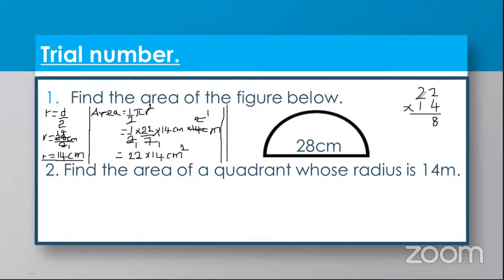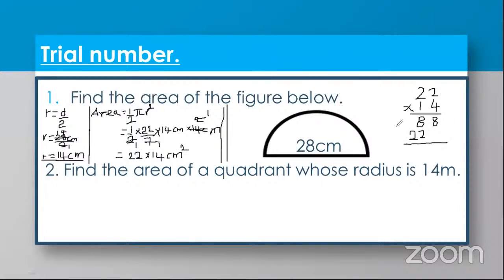Here, 1 times 2 equals 2, and this one, 1 times 2 equals 2. Then finally, what do you do?